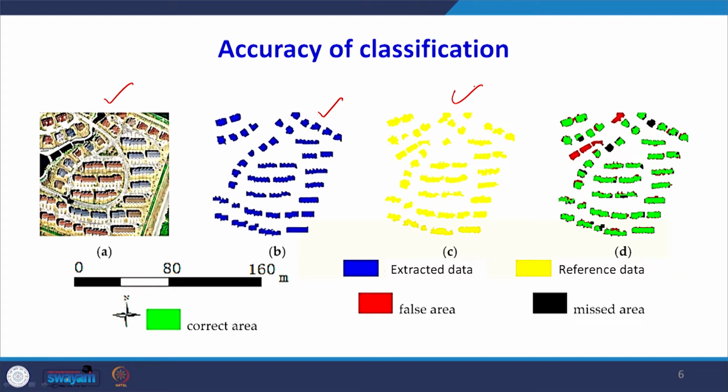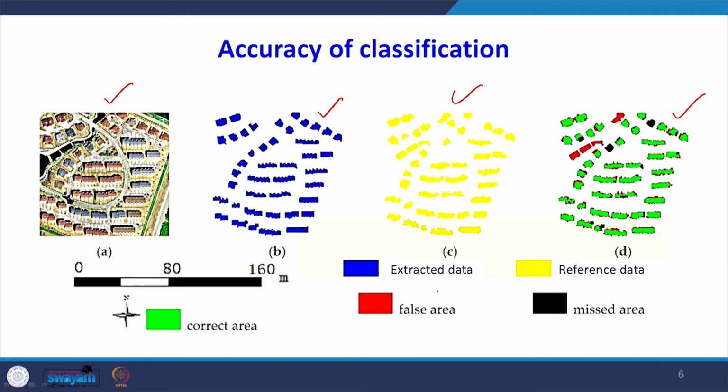So, B is my output from the satellite image classification, and C has come from the ground truth data. When we are comparing the two together, superimposing the two, we can get something like that.